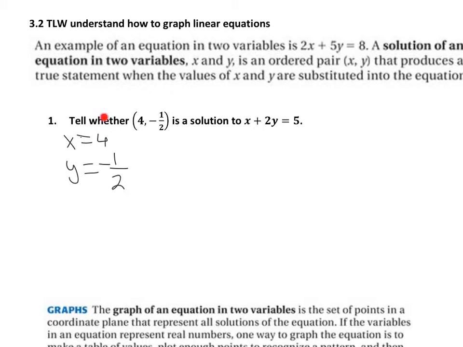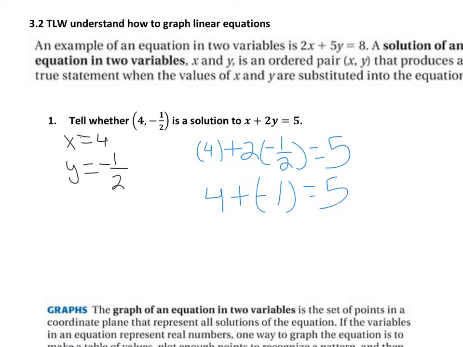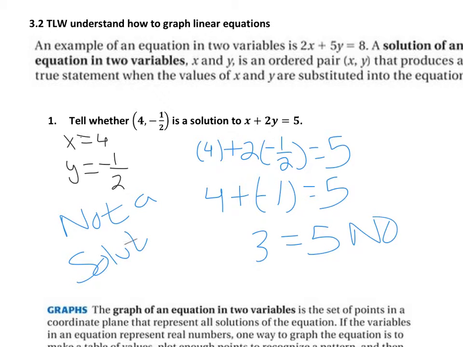When I take these values and substitute them in over here, you're going to get 4 plus 2 times negative 1/2 equals 5. 4 plus negative 1. Is 3 equal to 5? No. So not a solution.